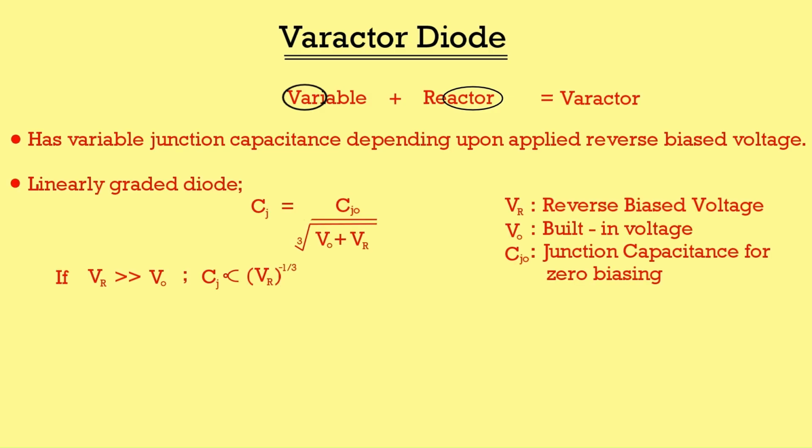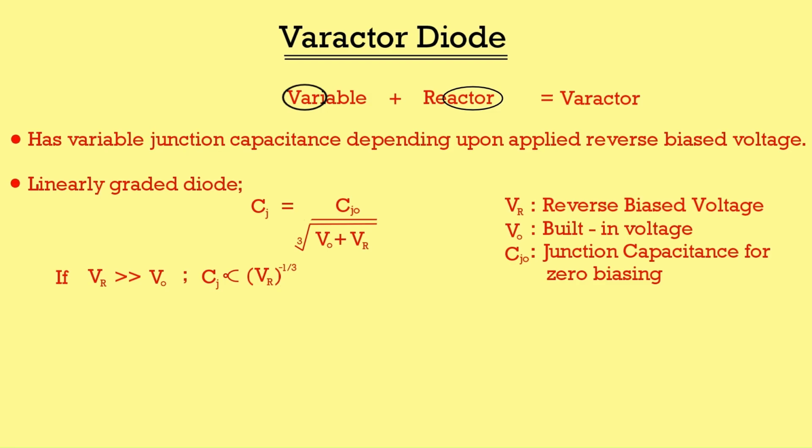Varactor diode in particular is a linearly graded diode, and we have derived the expression for junction capacitance to be equal to junction capacitance at zero biasing divided by the cube root of built-in potential plus reverse bias voltage. And if the reverse bias voltage is significantly greater than built-in potential, then the junction capacitance will be inversely proportional to the cube root of reverse bias voltage.